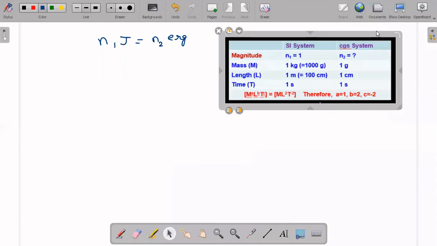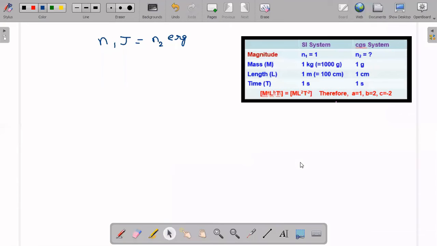We have seen it. Same thing I am writing. n1 is equal to 1 now. So n1 into the joule unit, which I have taken already. M^a L^b T^c is equal to M L square T to the power of minus 2. So M L square T to the power of minus 2.